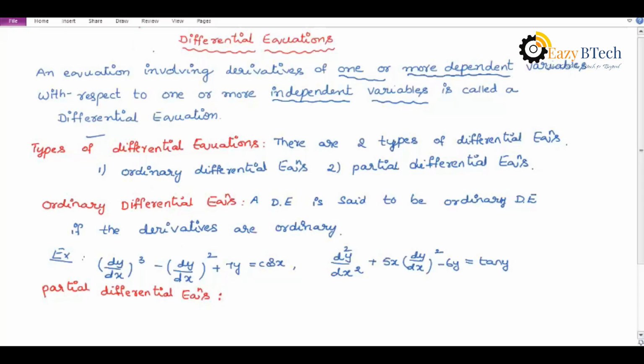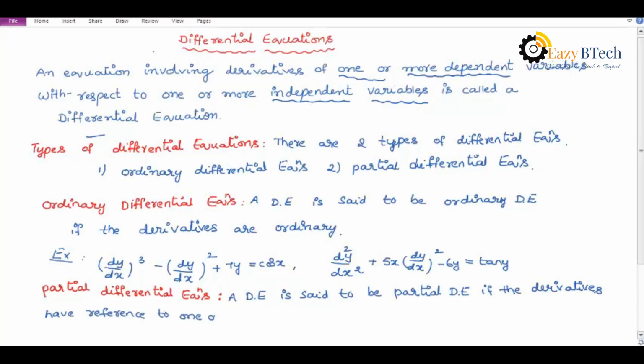The definition of partial differential equation: a differential equation is said to be a partial differential equation if the derivatives have reference to one or more independent variables.